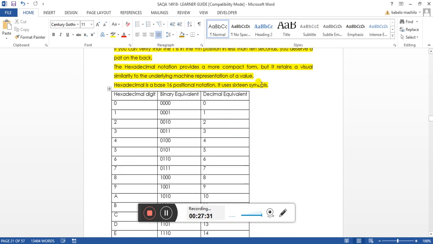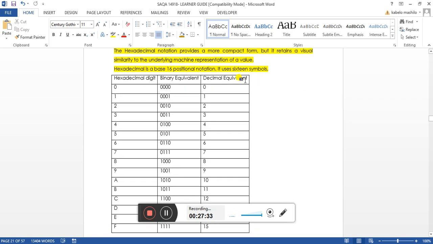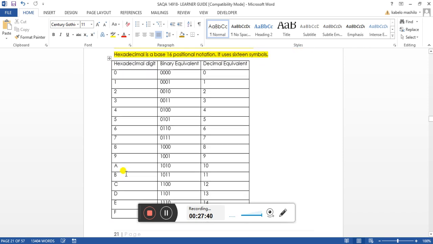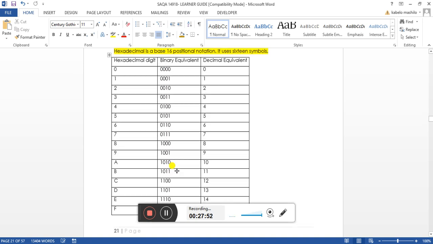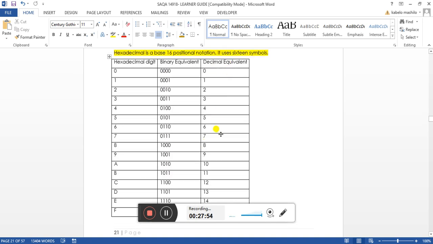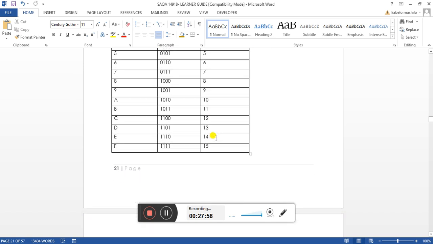It uses 16 symbols. The hexadecimal digits are 0, 1, 2 up until 9, and A up until F. In binary equivalent, it's 0000, 0001, and so forth. In decimal equivalent, we've got 0 up until 15.